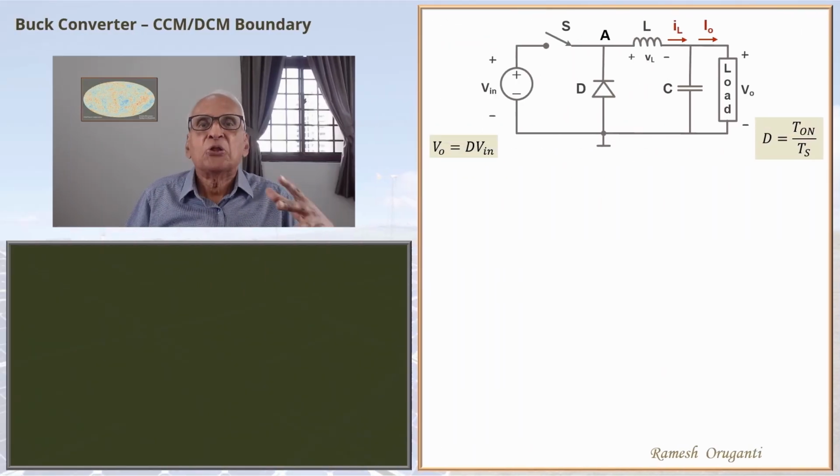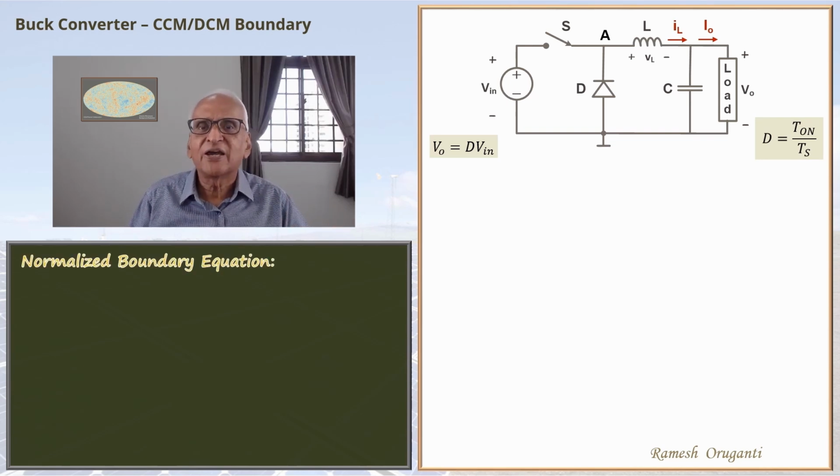Next we will normalize the boundary equation. Normalization is a thing that many times engineers and scientists do in their disciplines. Why do we do normalization? Normalization of equations, design equations and other equations, we do in order to compare across scales of design.